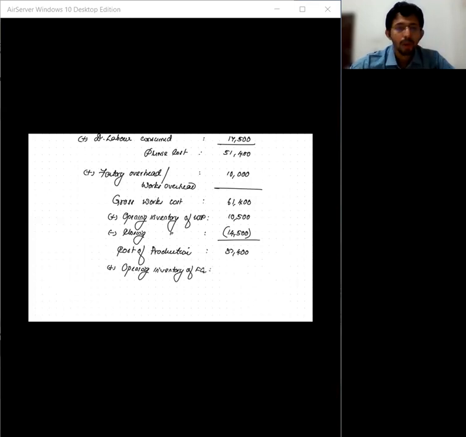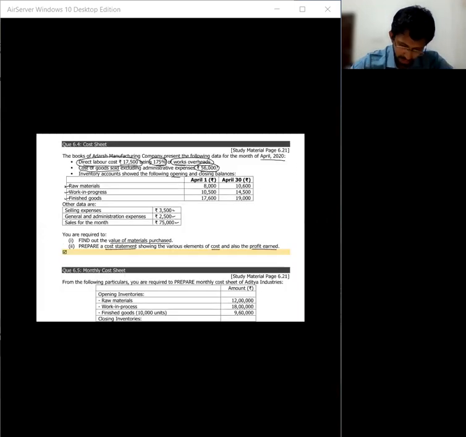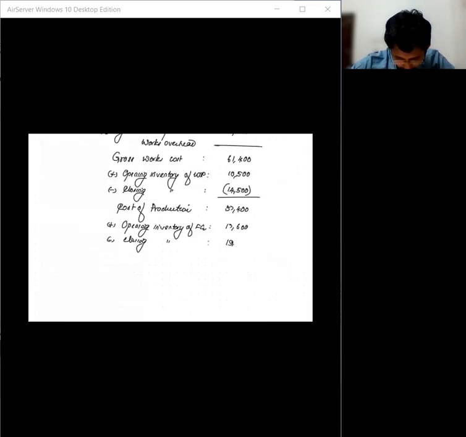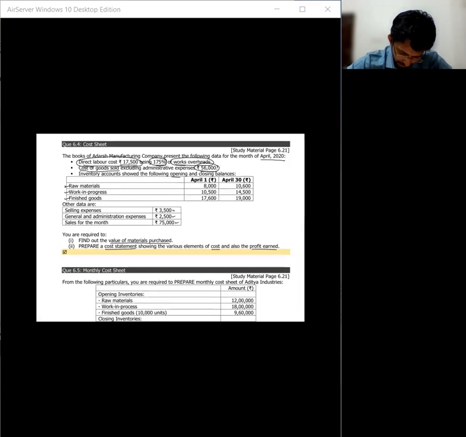Now with this add opening inventory of finished goods, which is 17,600, minus closing inventory of finished goods, which is 19,000. So that is cost of goods sold, 56,000. Now what do you have to do? You have to take the items which you have not considered. That is, you have general administration expense and selling expenses.